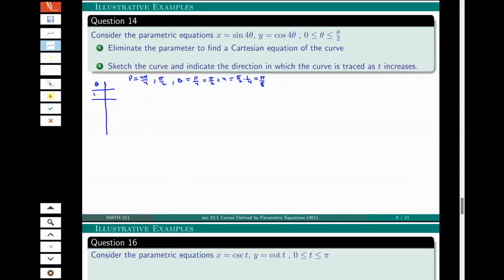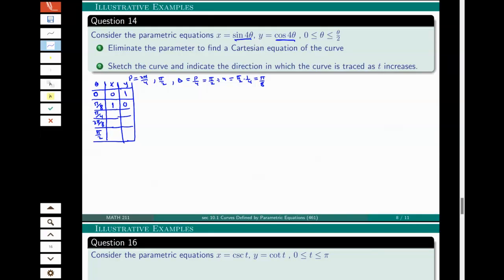So the key points are 0, then pi over 8, then 2 times pi over 8, 3 times pi over 8, and 4 times pi over 8, which is pi over 2, which is the complete period. So we will find the values of x, we will find the values of y, and the value of x will be, when I substitute 0 here, it will be 0, and here it will be 1. And when I substitute pi over 8, it will be 1 and 0.